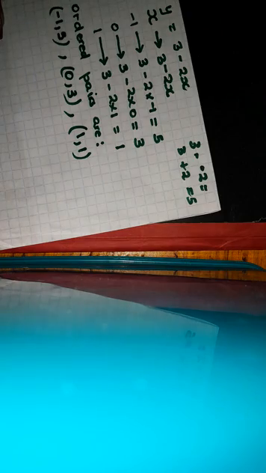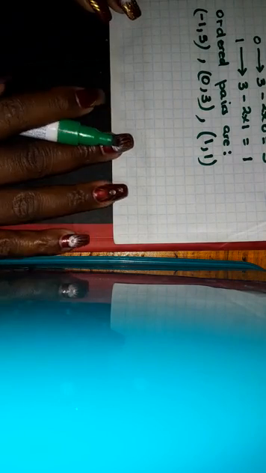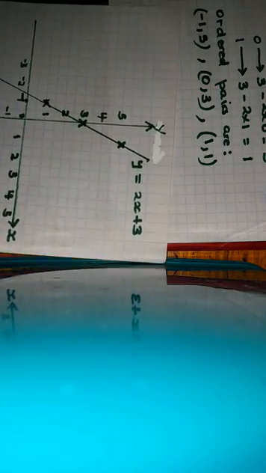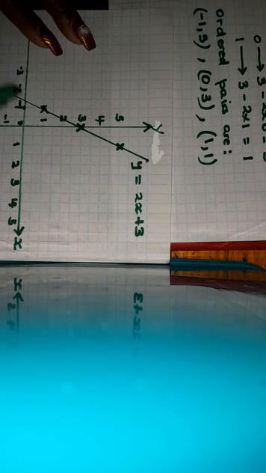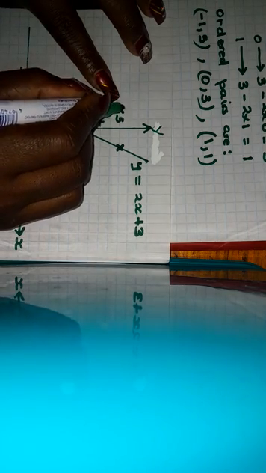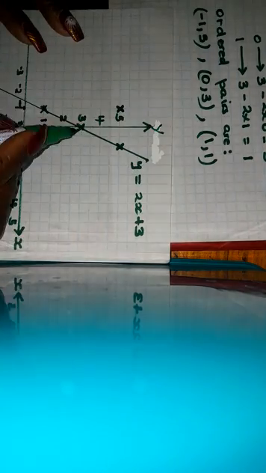We're going to plot them in our axes. So we have -1, 5. This is our -1. Then 5 is here. So we plot. Followed by 0, 3.